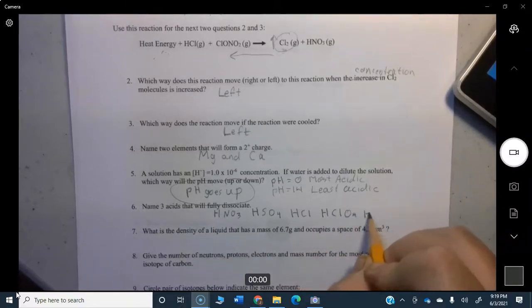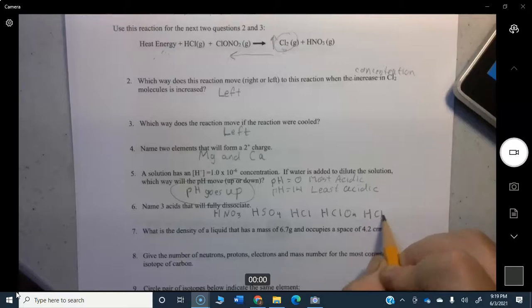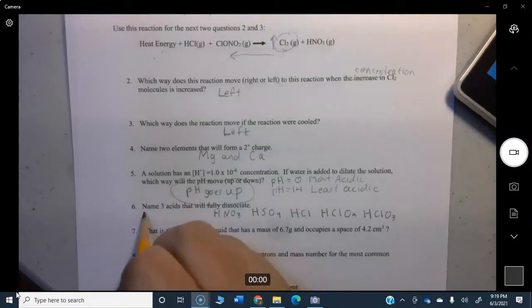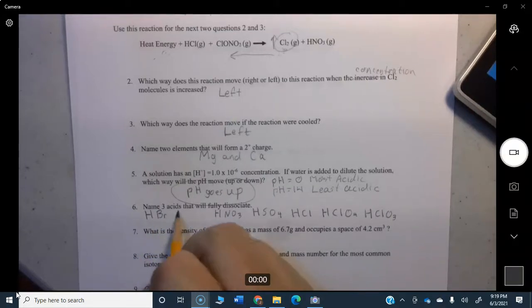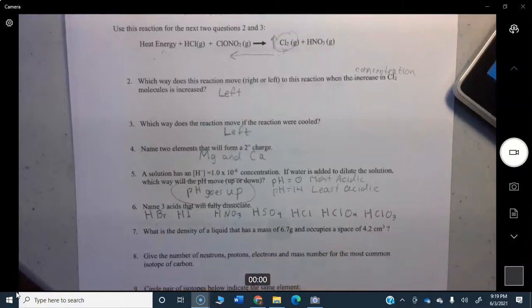You can have chloric acid. You can have hydrobromic acid. I'll come over here. And you can have hydroiodic acid. Okay, 1, 2, 3, 4, 5, 6, 7. So those are the 7. You could pick any of those 3.